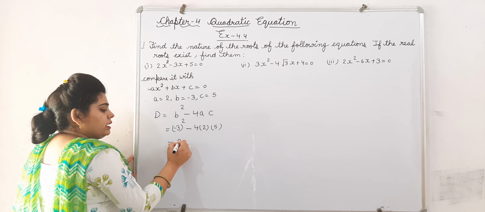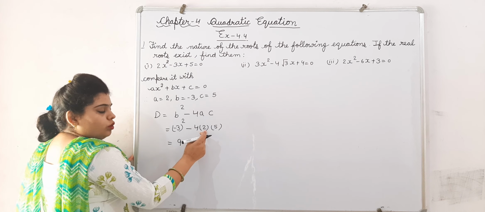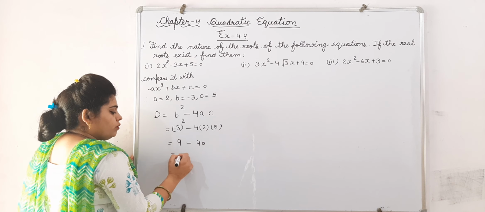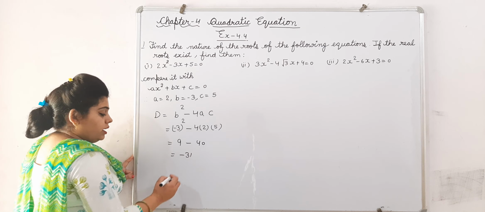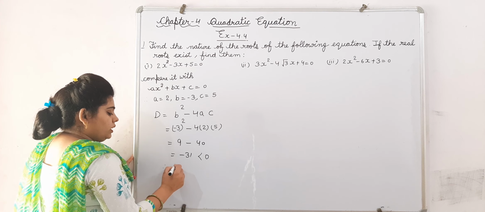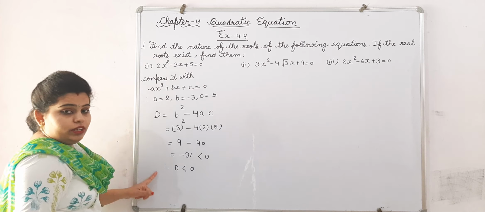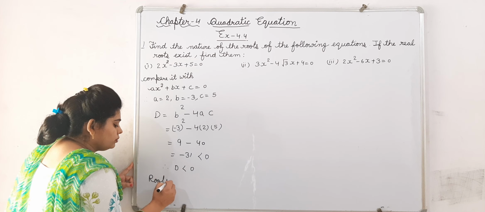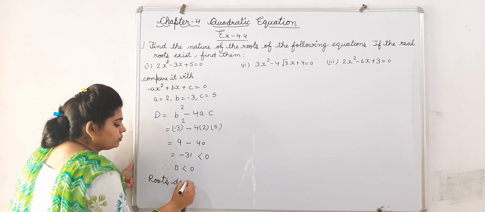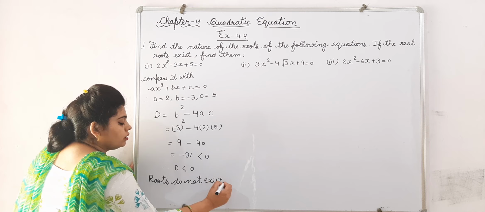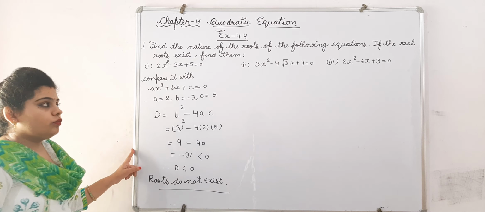Minus 3 square is 9, minus 4 2s are 8, 8 5s are 40. What is left? Minus 31, which is less than 0. So D is less than 0. If D is less than 0, then roots do not exist. This is our first part.